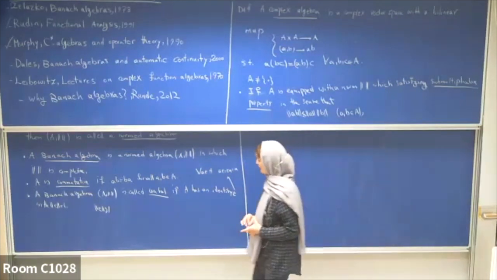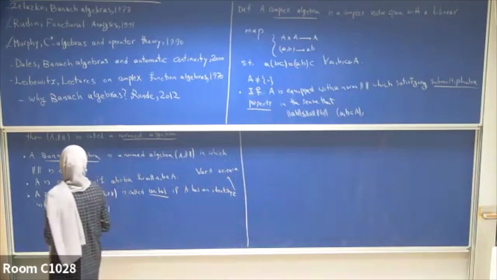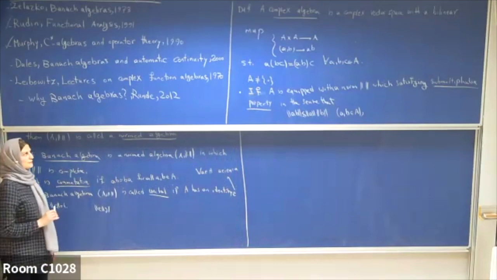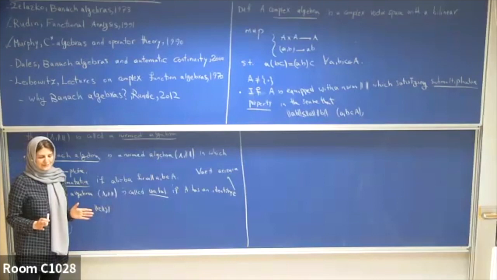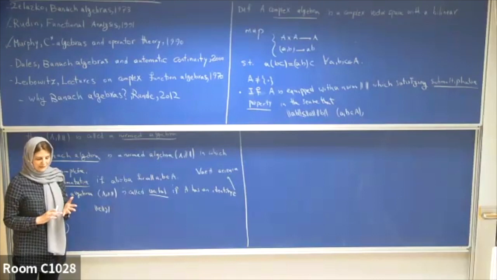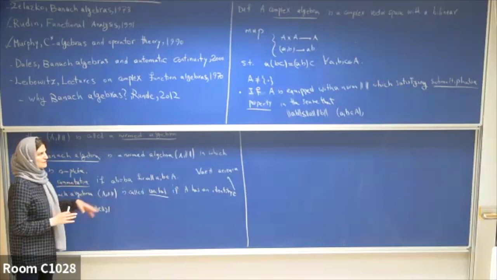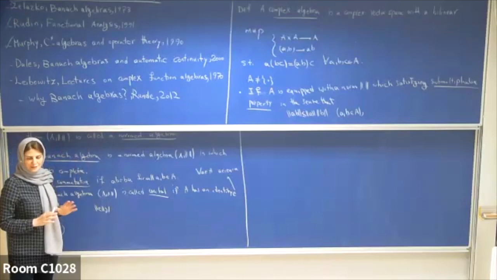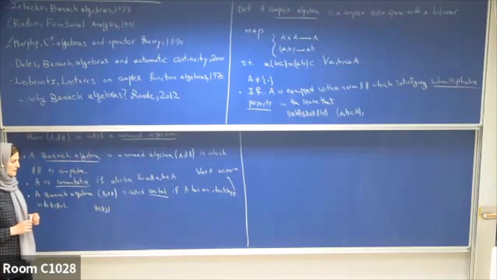Okay, now before starting examples, I make one remark. When we have a normed space, the operations, I mean scalar multiplication and addition, are continuous. When we have a normed algebra, the other operation, I mean the multiplication, is also continuous.